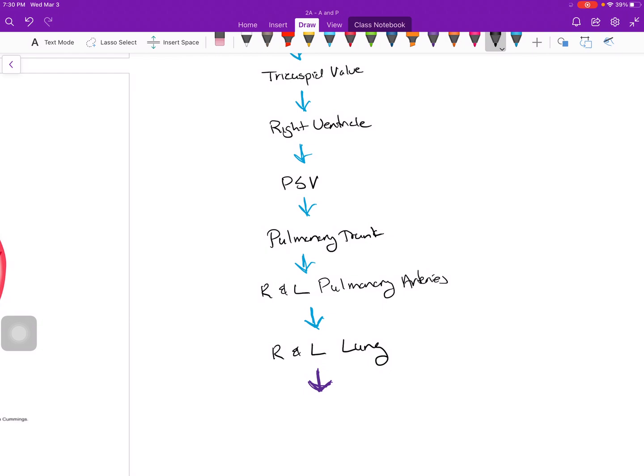Actually, instead of saying capillary beds, I'll just write gas exchange as to what happens here. Okay, so this is gas exchange.